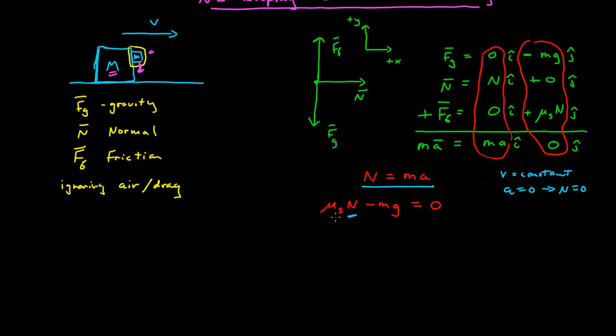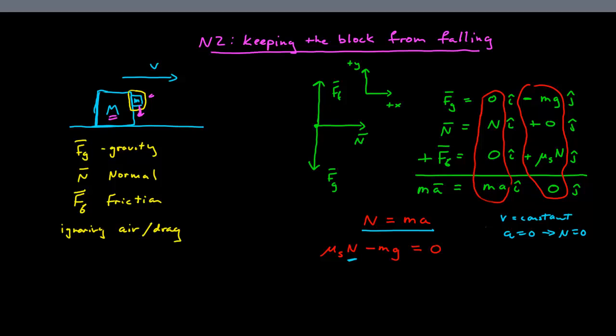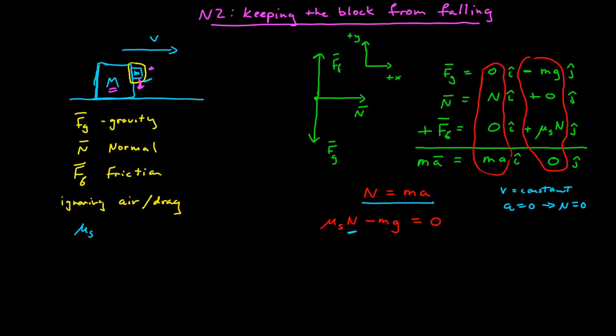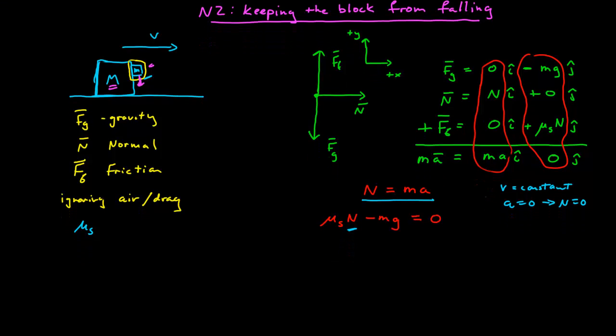I'm assuming here, again, that for my conditions, I know the mass of my object. I know there's a coefficient of static friction between the blocks. What's unknown really here is the normal force. And so this becomes mu sub s times ma minus mg is equal to 0.